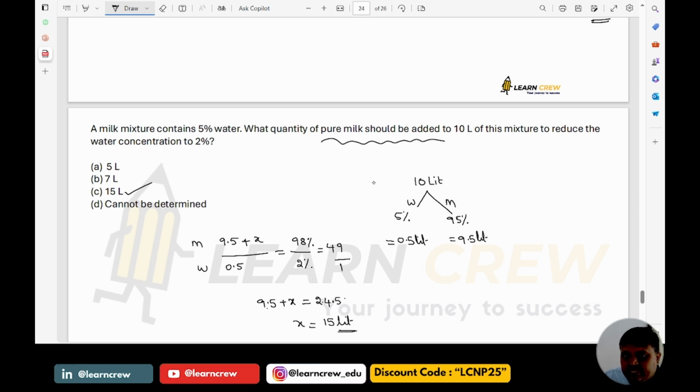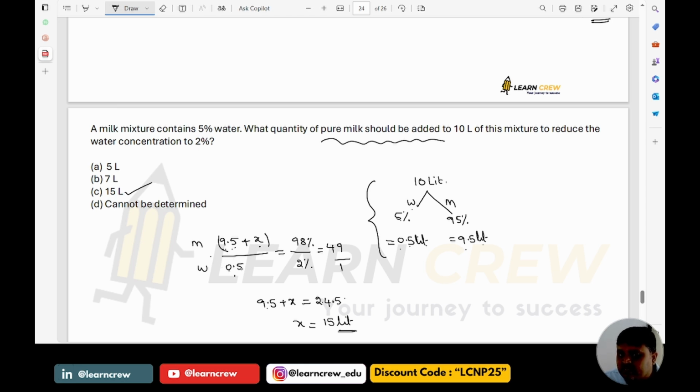So initially you have 10 liters. In that 5% is 0.5 liter. So if 0.5 liter is water, the remaining 9.5 liter is milk. To this mixture of 9.5 and 0.5, I am adding some x liters of milk. Thereby 9.5 plus x is the milk in the resultant and the same 0.5 is the water.